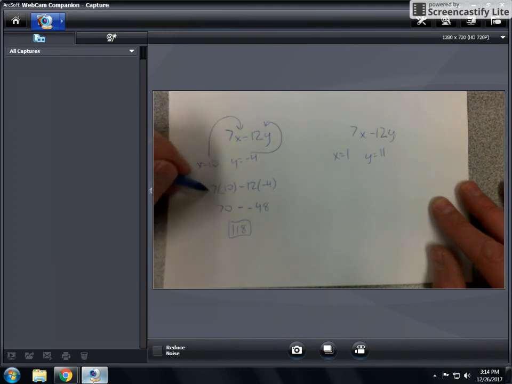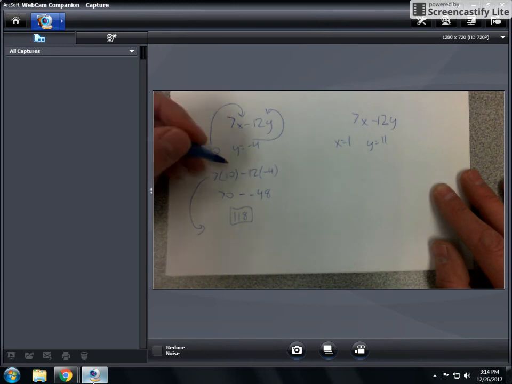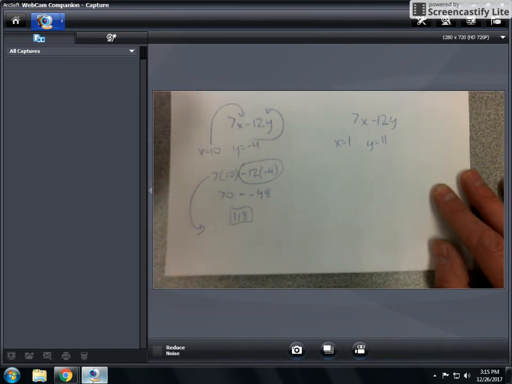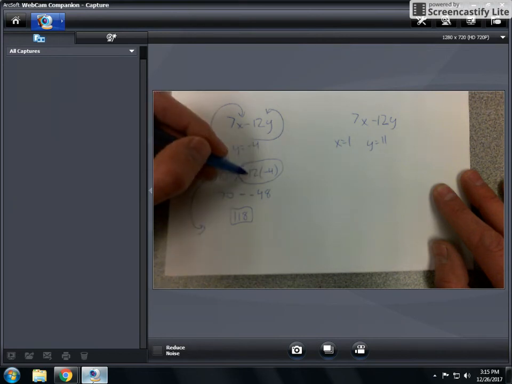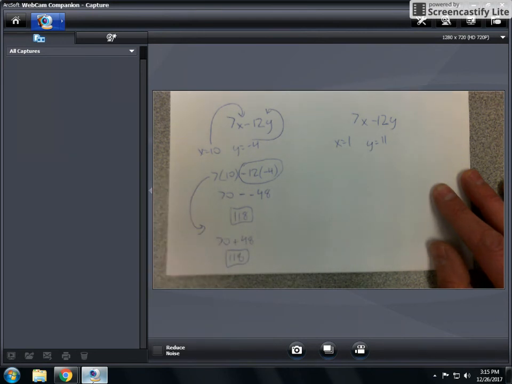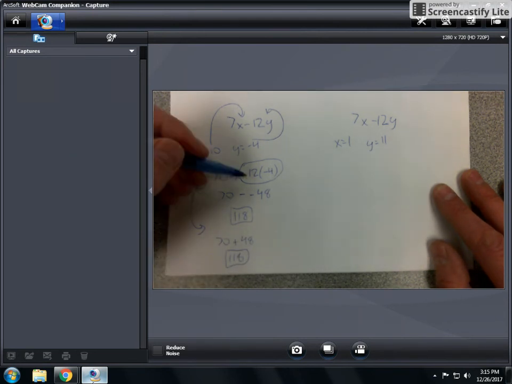One other way to view this, so I'm going to jump down to the bottom here. Another way to view this is negative 12 times negative 4. So negative 12 times negative 4 would be a positive 48, which gives us the same result, 118. And so this problem could be viewed in a couple different ways.